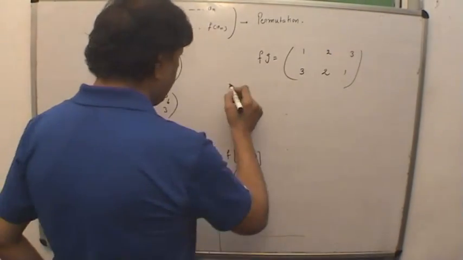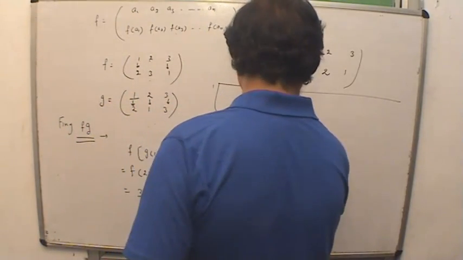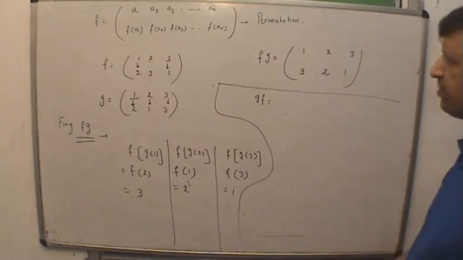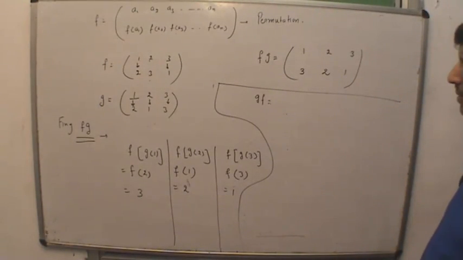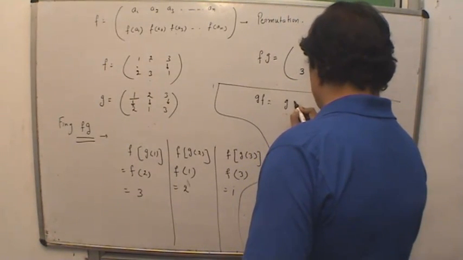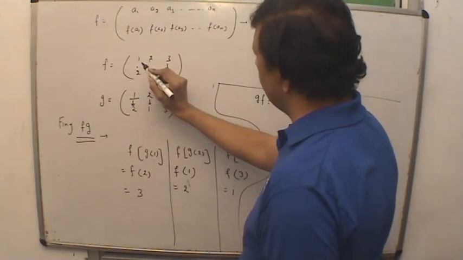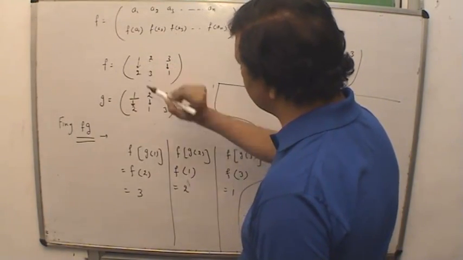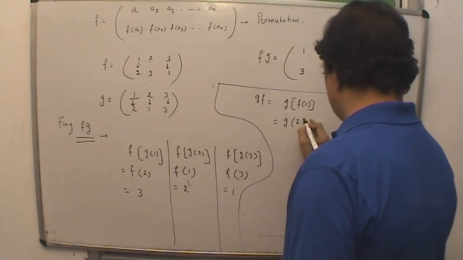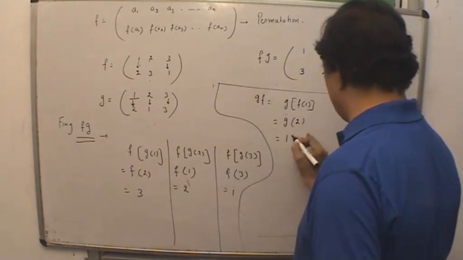Similarly, we can find g composition f. Now we will start from f. Here g of f of 1. In f, the image of 1 is 2. And in g, the image of 2 is 1.